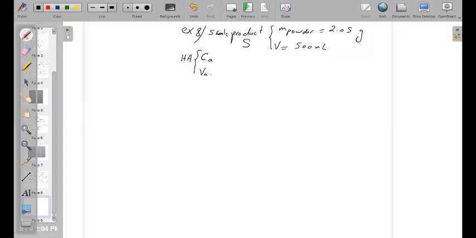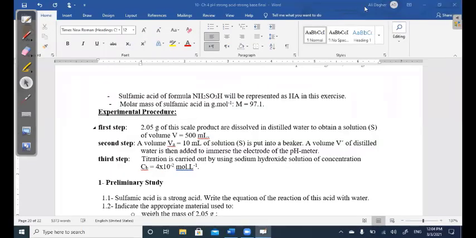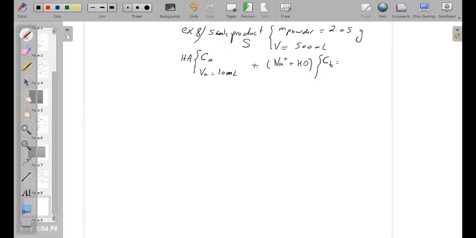We take a volume Va equal 10 milliliters of S that contains the sulfamic acid HA. We titrate it using sodium hydroxide solution Na+ HO- of concentration Cb equal 4×10^-2 mole per liter.